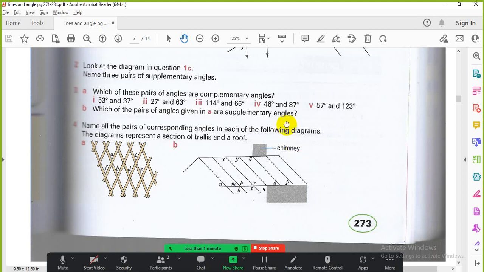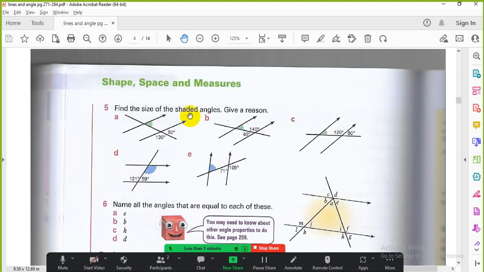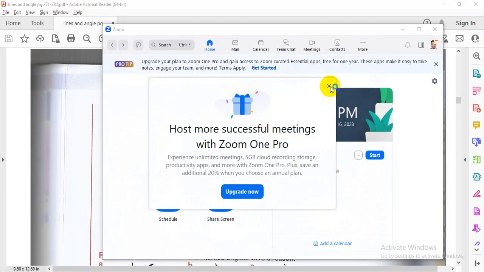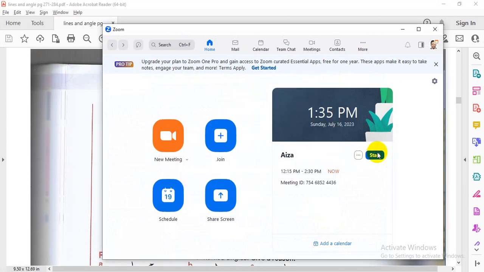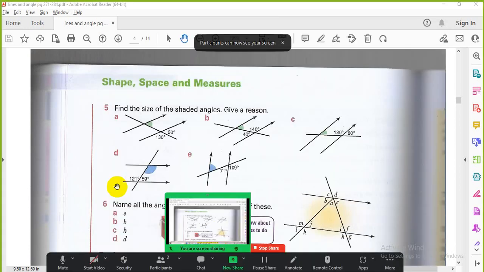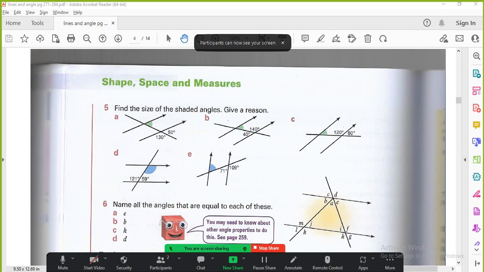Very good. Right, can you do question number 5? Okay, Aiza, can you do question number 5? Yes, sir.